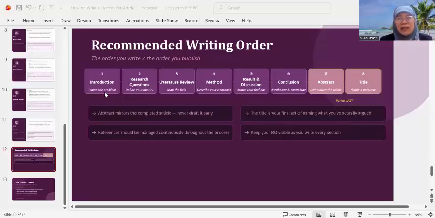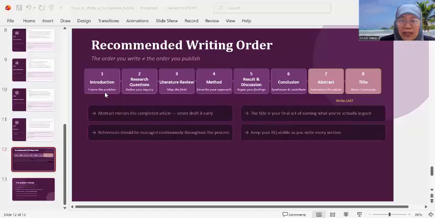And then result and discussion, the findings, where you build the argument of your findings and your analysis. The conclusion, where you synthesize and state the contribution of your research. Here are the last two parts: the abstract, which summarizes the whole, and the title.